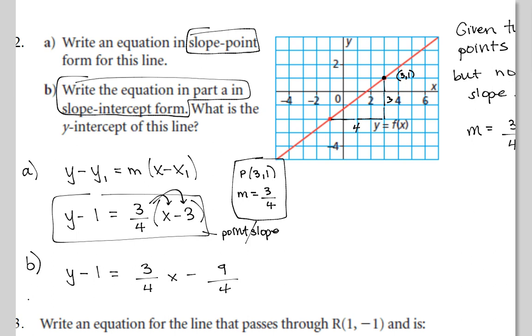So why did 3/4 times -3 become -9/4? 3/1, yeah. So you have 3 times 3 in the top and 4 times 1 in the bottom. Okay, I'll write that on the whiteboard here for you guys. 3/4 times -3/1. You get -9/4.